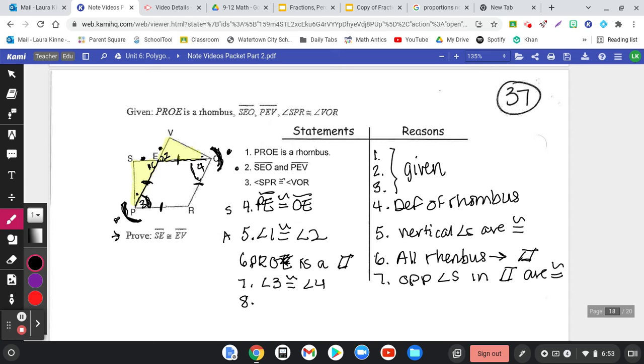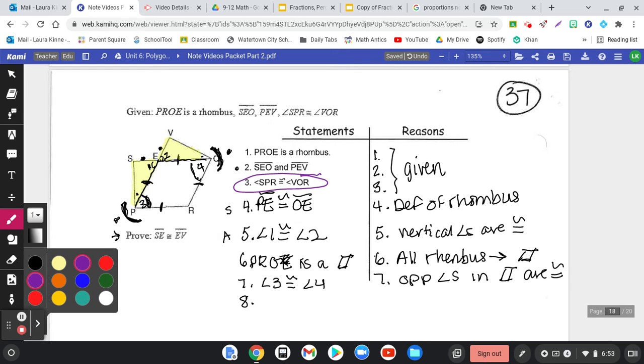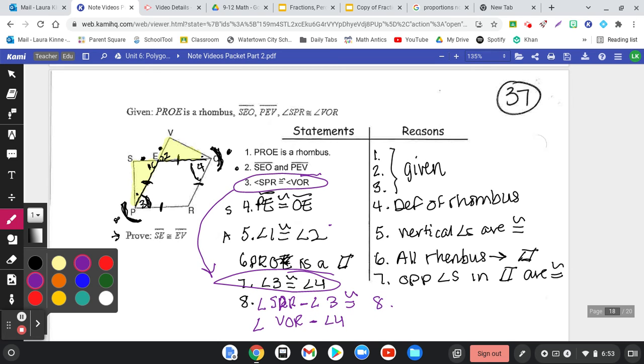So I'm going to say I'm taking angle SPR, and I'm subtracting angles 3 and 4 from it. So angle SPR minus angle 3 is congruent to angle VOR minus angle 4. And that's just subtraction.